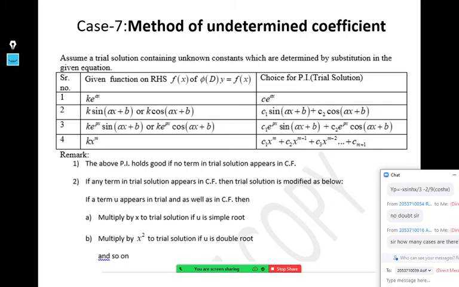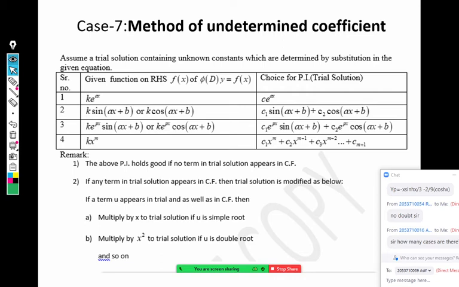There are different ways of writing it. In total there are 8 cases, and case 7 and 8 are totally different.